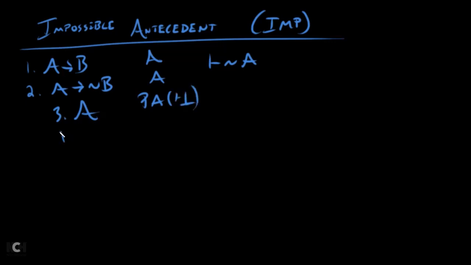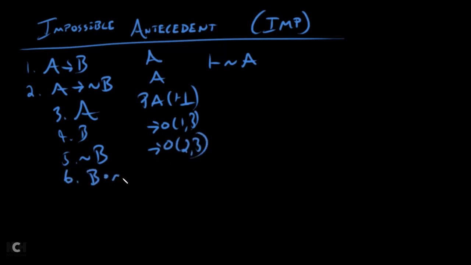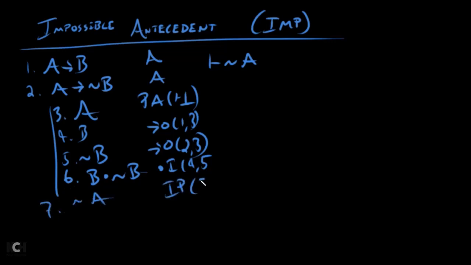It'll be real easy because we get a B real quick. We also get a squiggle B. That's arrow out 1 and 3, and arrow out 2 and 3, and then we can just stick these together, B and squiggle B, and in 4 and 5. Then we're able to say, through an indirect proof, zoom out and go, yep, squiggle A is a thing, indirectly, 3 through 6.